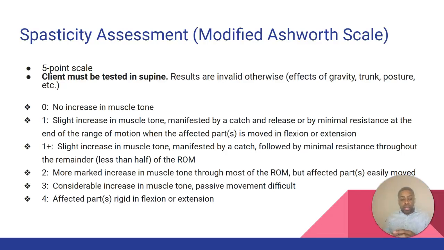If there is more marked increase in muscle tone, a catch and harder release through most of the range of motion, then it's 2. If it requires a lot of effort to move the arm through the range of motion, then it's 3. If the arm cannot move through the plane, if it's rigid, stuck essentially, then it's 4.